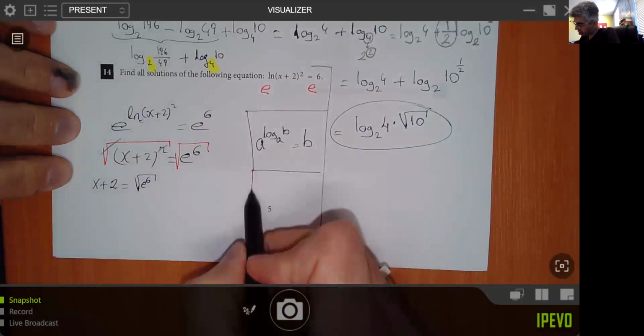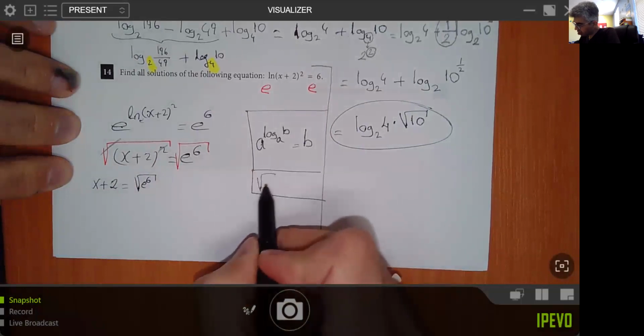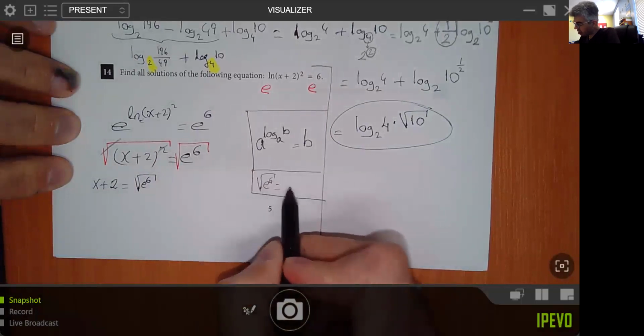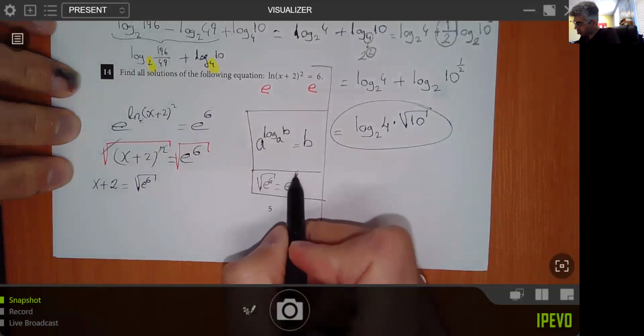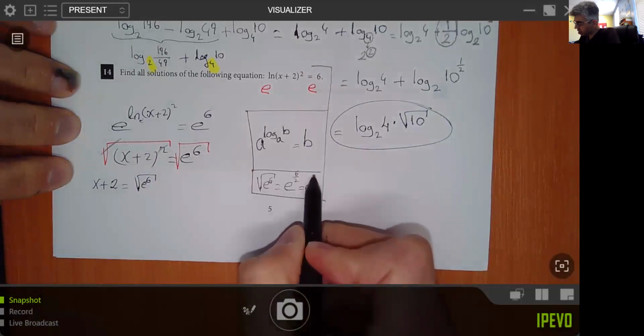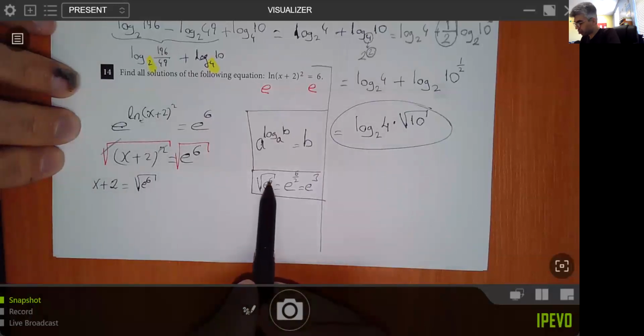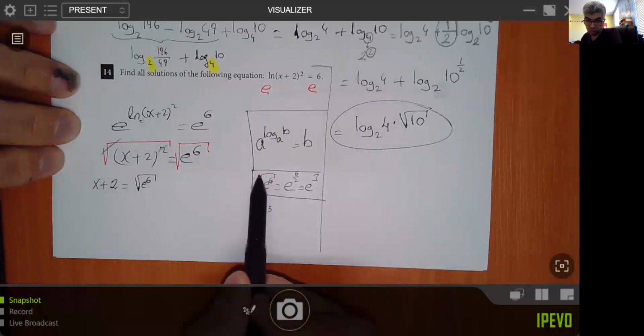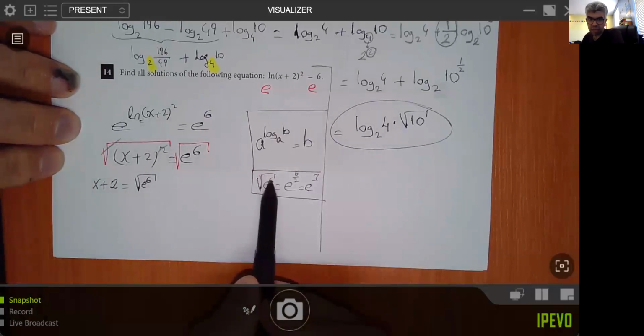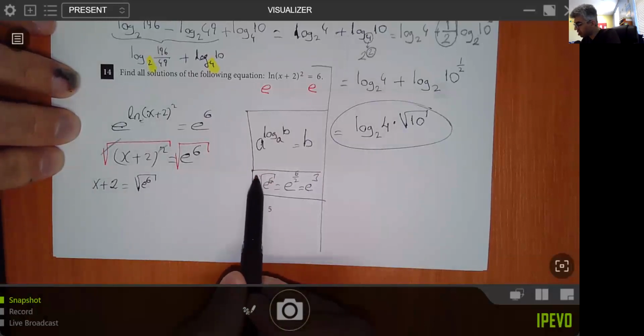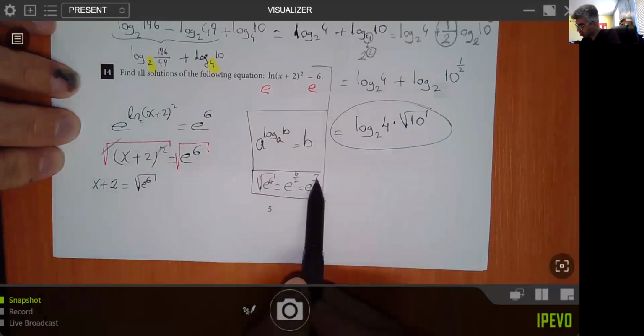Square root of e to the power of 6 is e to the power of 6 over 2, which means e cubed. The exponent goes out by division: in square root we divide the exponent by 2, in cubic root by 3, in fourth root by 4, etc. So here we divide by 2, it's e cubed.